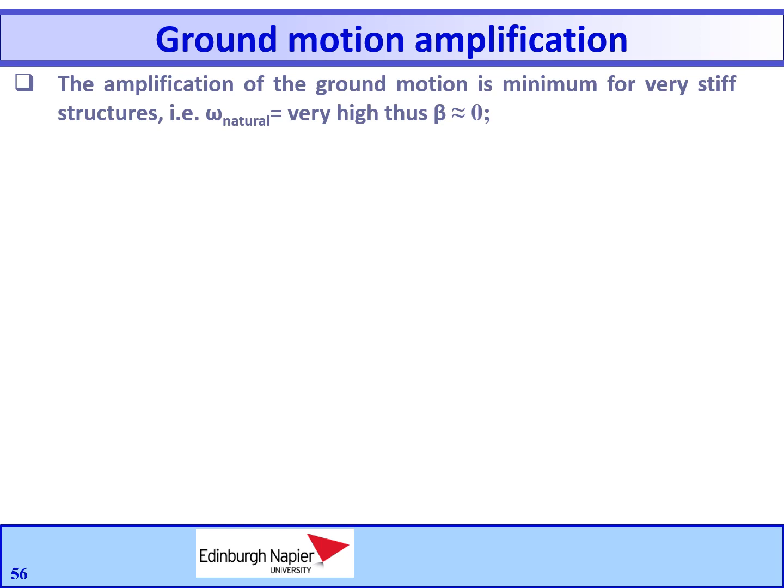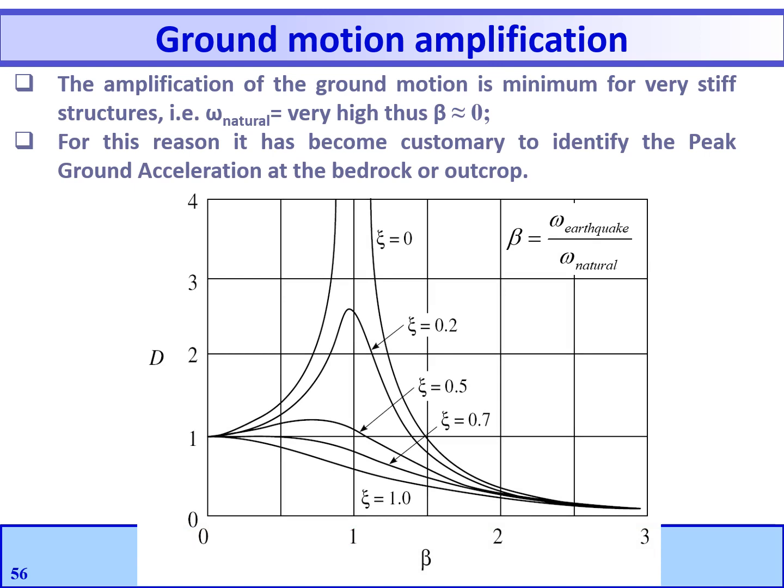The amplification of the ground motion is minimum for very stiff structures where the omega natural is very high, leading to a minimum close to zero beta. For this reason, it has become customary to identify the peak ground acceleration at the bedrock or outcrop.